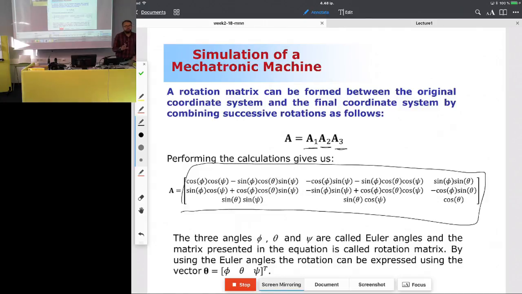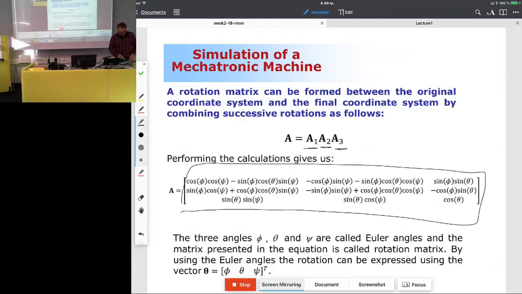Whenever you use three parameters to describe rotations, you will have a problem called singularity. If you take a look at the lecture notes, there's something mentioned about gimbal lock. When you use Euler angles, you can have gimbal lock. It's not a mechanical lock, it's not that the system locks, but it's a problem in the mathematical definition.